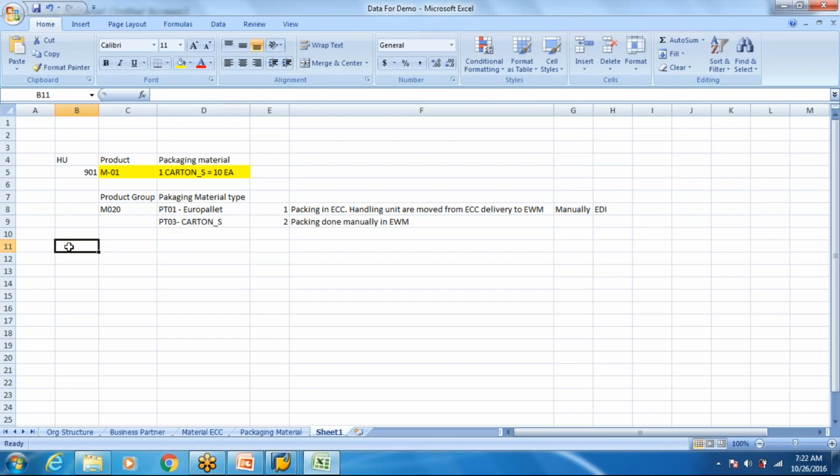Okay, then an important config is that you assign the packaging group to the packaging material type.